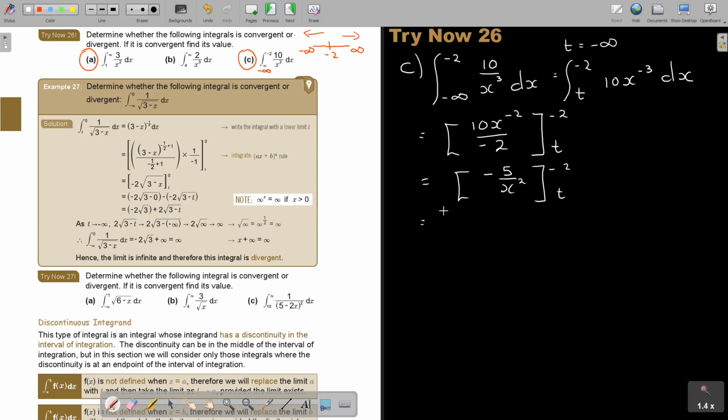And I'm going to substitute, so it's negative 5, and then it's negative 2 squared, minus negative 5, then t squared. And then I'm closing. And that will give me an answer of negative 5 over 4, that becomes positive, plus, because there, 5 over t squared.